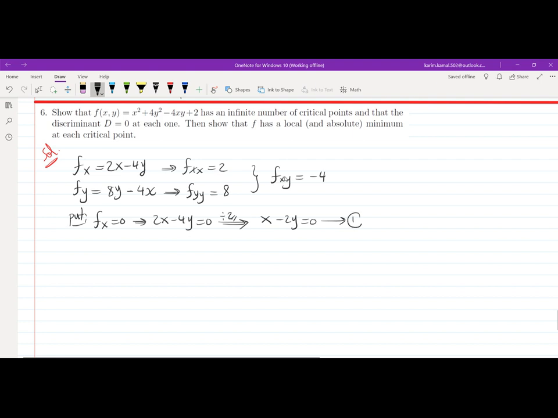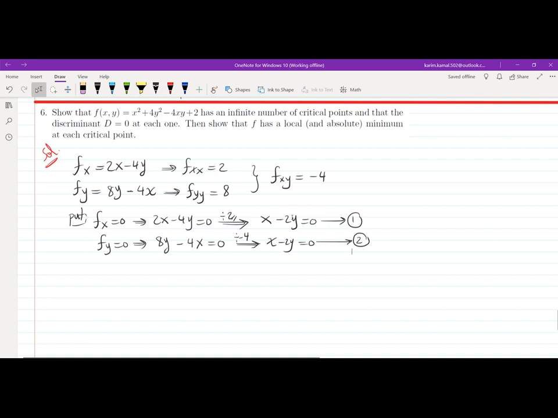Again, fy equals 0, then 8y minus 4x equals 0. If we divide it by negative 4, we will get x minus 2y equals 0. Surprise, it is not an equation 2. We have exactly one equation in two unknowns.